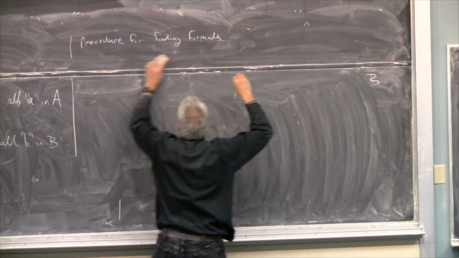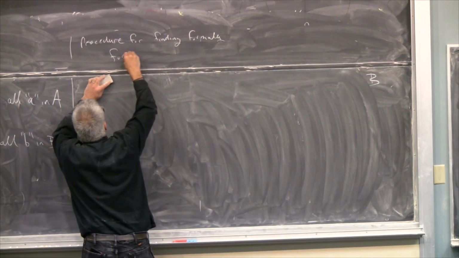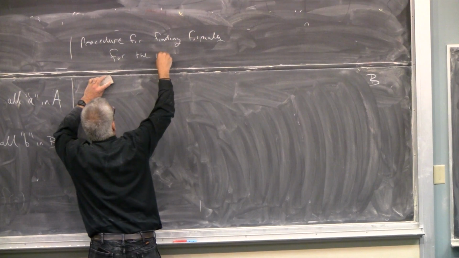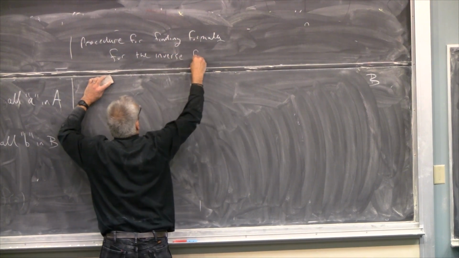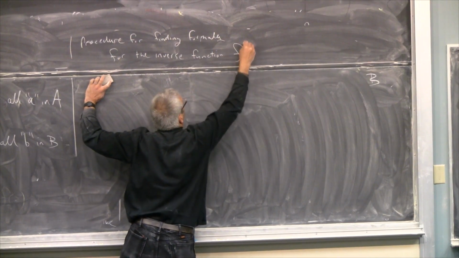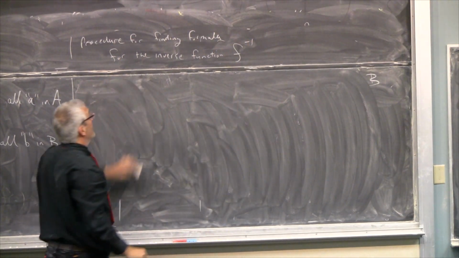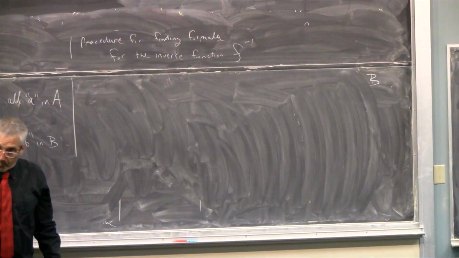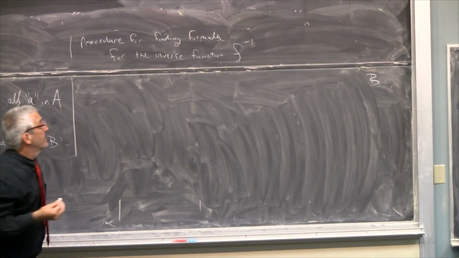The inverse function is denoted as f with a superscript minus 1. So you start with a formula for f of x.